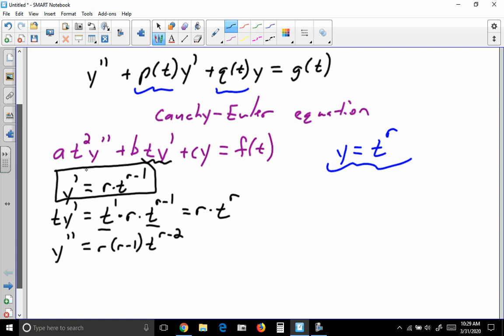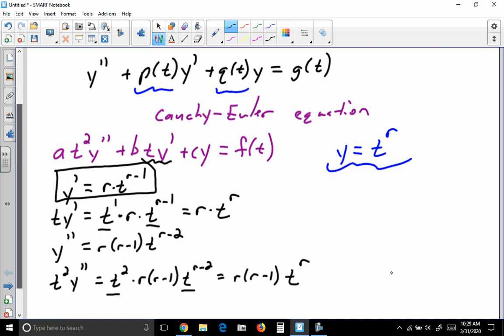So to get t squared y double prime, we do t squared times what we got for our second derivative, which is r times r minus 1 times t to the r minus 2. Again, those are like bases, so when we multiply, we add our exponents. r minus 2 plus 2, the minus 2 plus 2 cancel out. So we have our coefficients, and then we have t to the r.